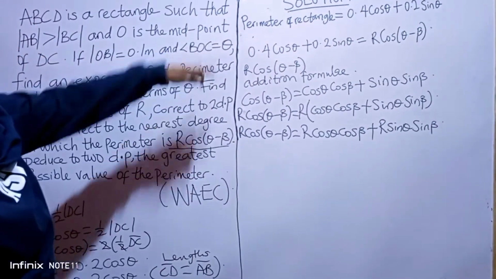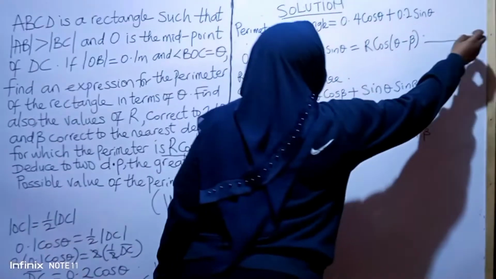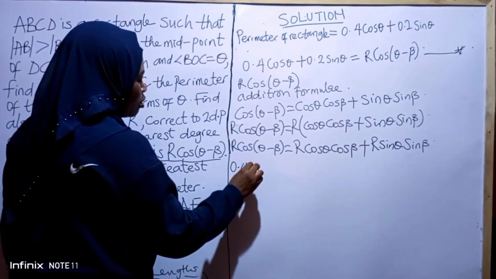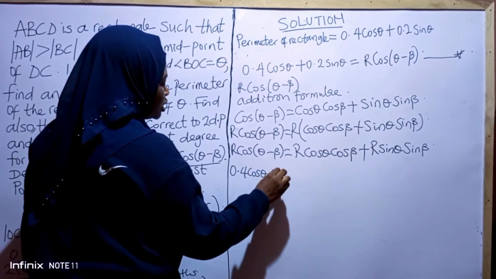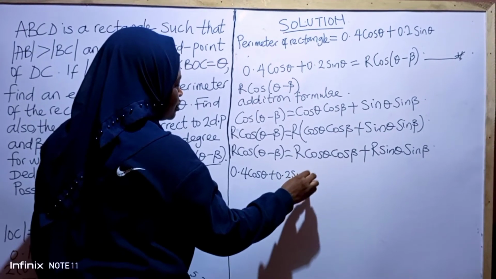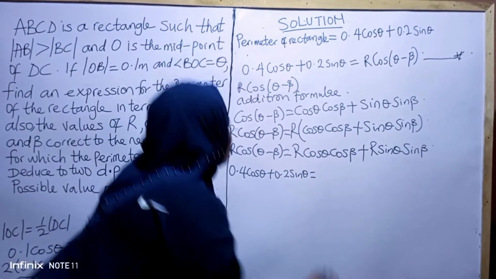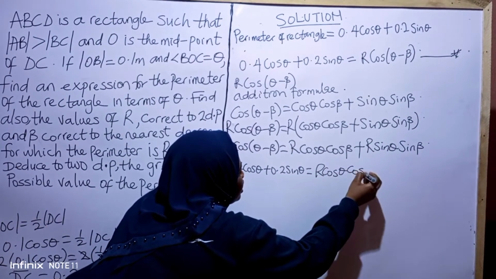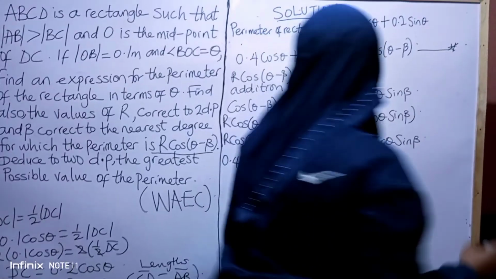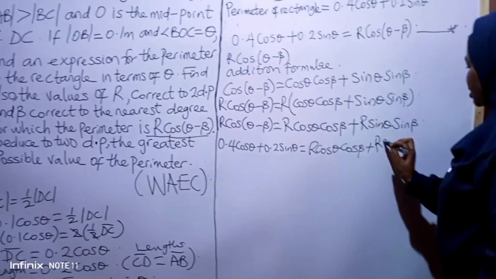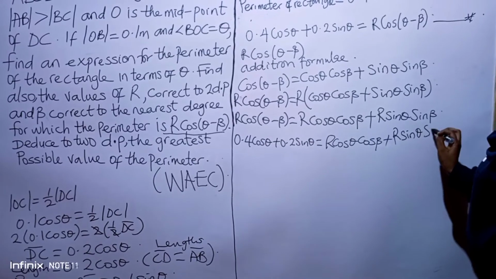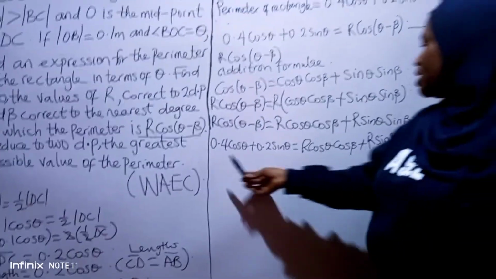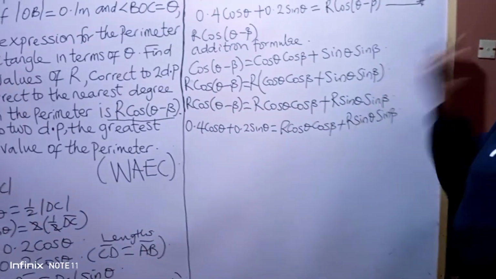Let's call this one equation asterisk. So 0.4 cos theta plus 0.2 sin theta, let's equate them together to R cos theta cos beta plus R sin theta sin beta. Now from here we can see that they are equivalent to each other.